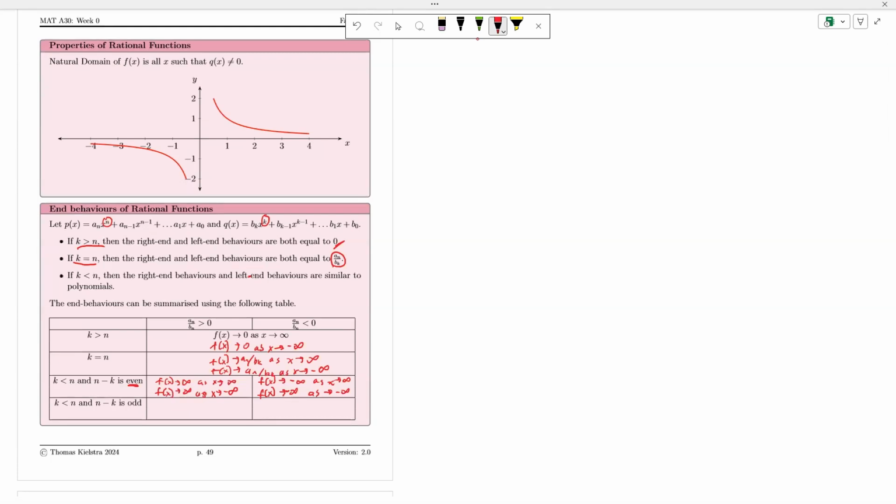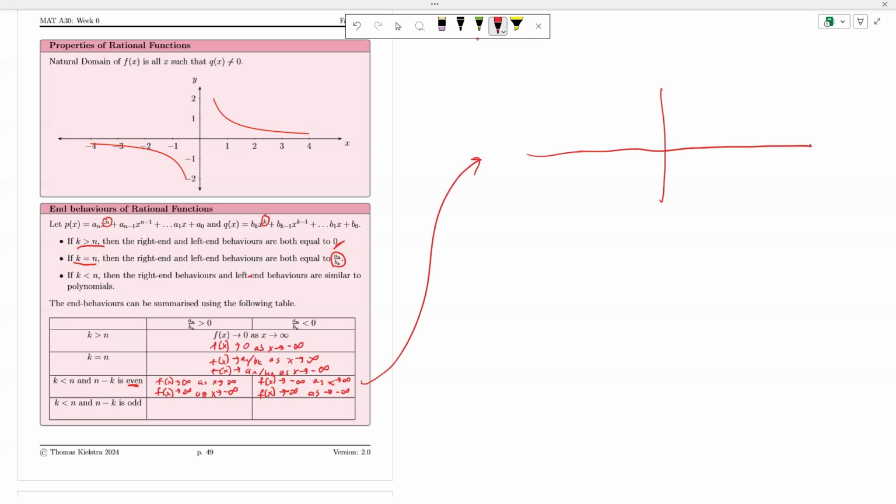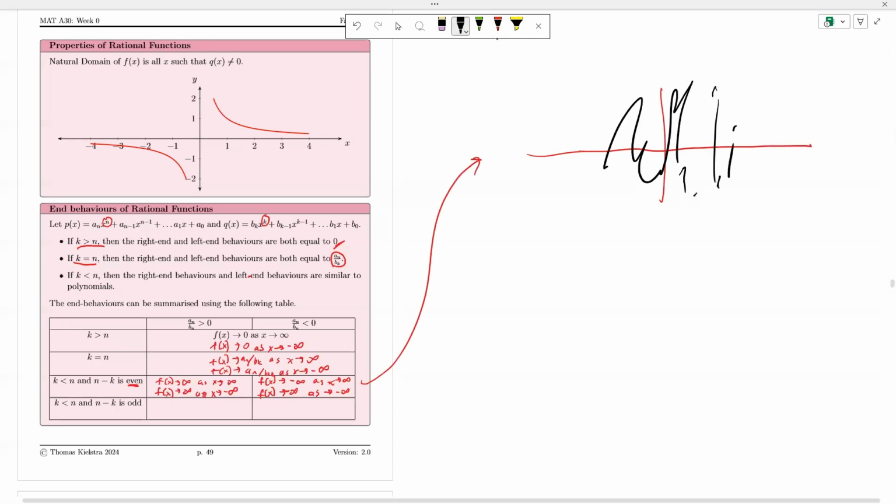Well, what does this mean? Let's get a visual idea. In the middle of my function, it's doing a bunch of things. It's got asymptotes, it's got some weird stuff. But for my right end behavior, if I'm positive, I'll go to infinity. And if the difference between the degrees is even, the left end behavior will also go up to infinity.